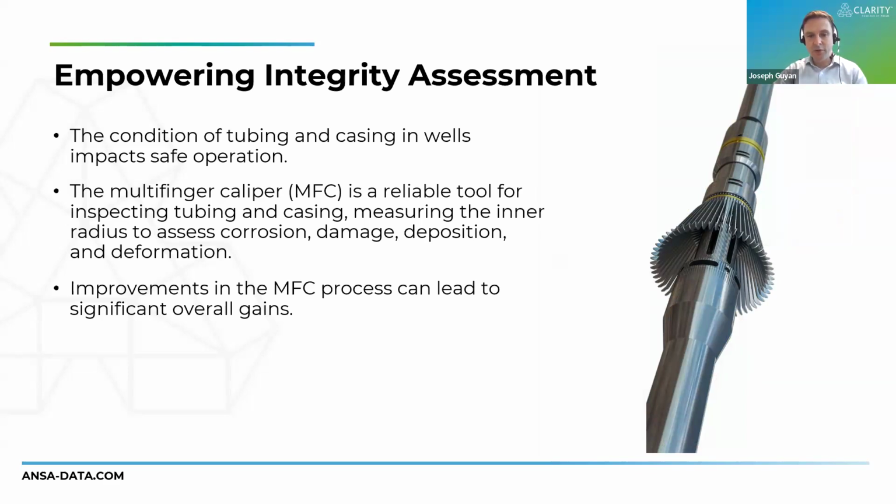It's a tool that takes radius measurements and allows you to describe the inner profile of your tubing or casing. It's been around for a while, there's no hiding that. It's a mainstay of all integrity logging. But knowing that, it's run with high confidence and frequency. So really, if you're looking at tubing integrity, it's the place to start.